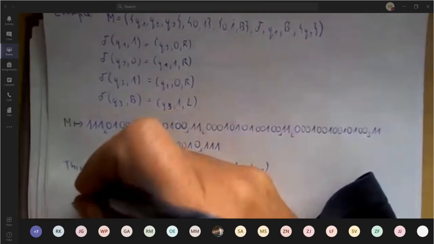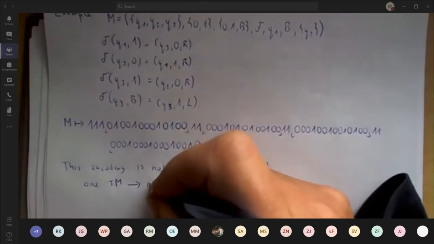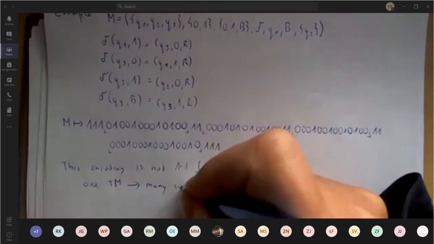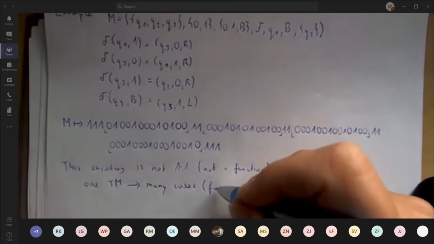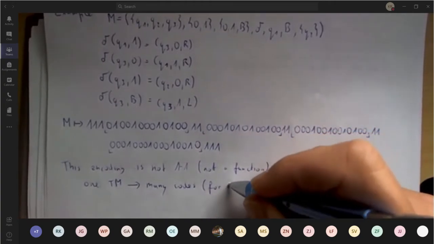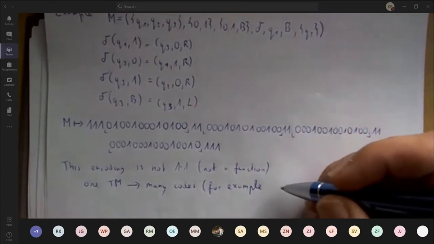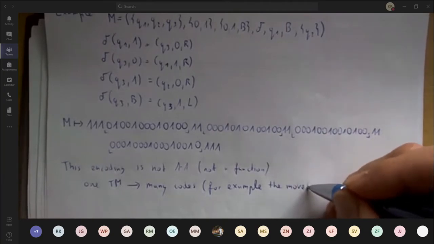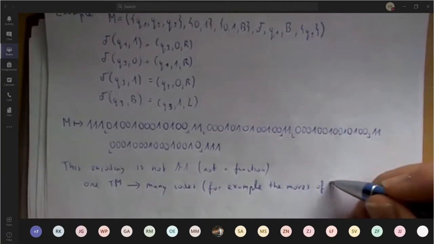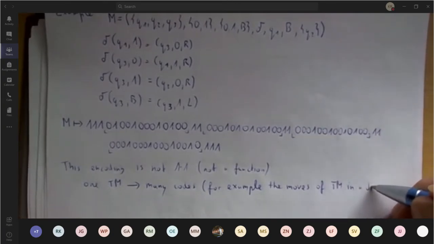Because one Turing machine can have many codes, for example the moves of our Turing machine in different order.